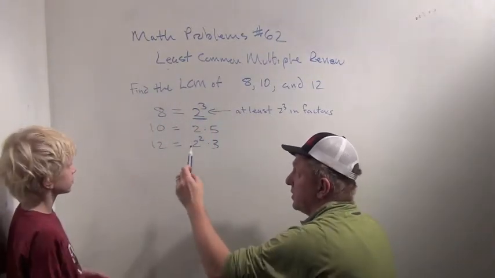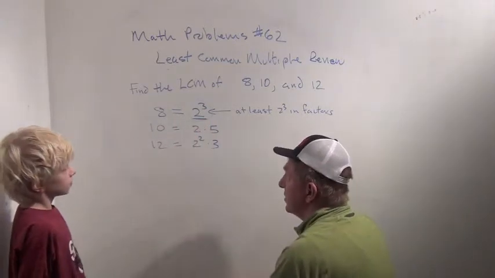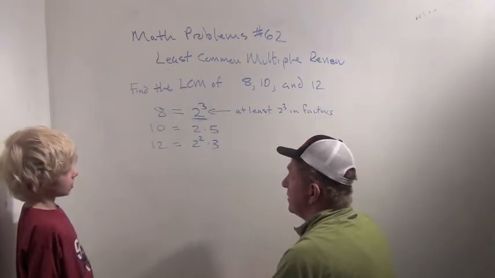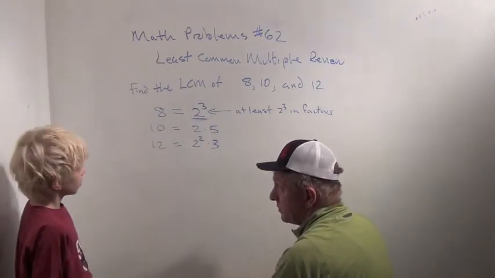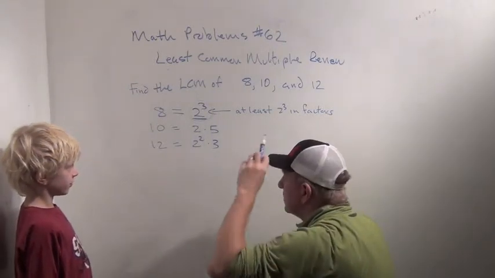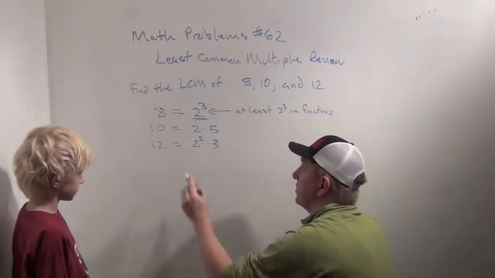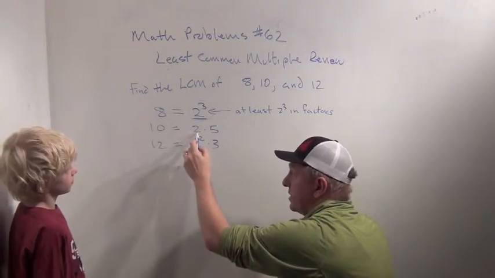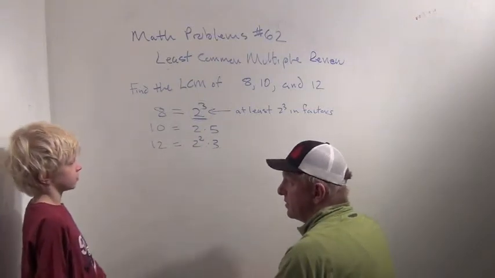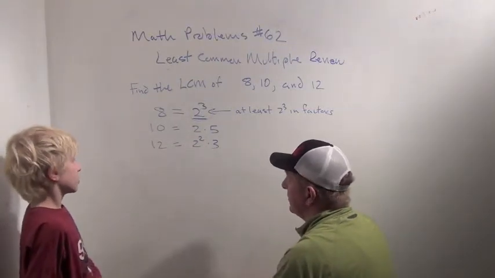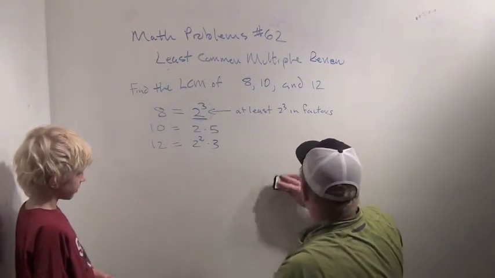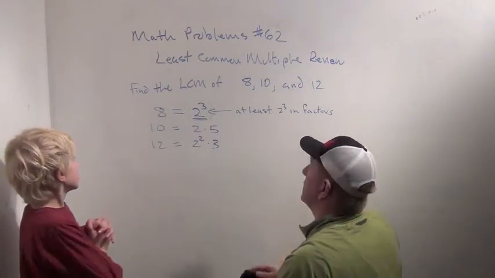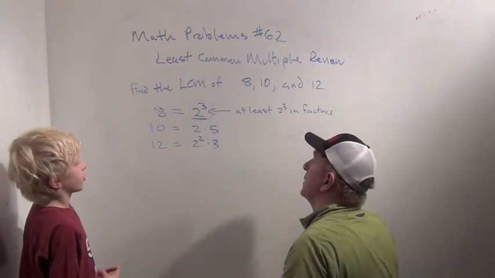So we know for our least common multiple, it's got to have a 2 cubed in it. What about multiples of 10? They're always going to have a 2 times 5. So multiples of 10 are always going to have at least 1 2 and at least 1 5. What about multiples of 12? 12 is going to have at least a 2 squared and a 3.